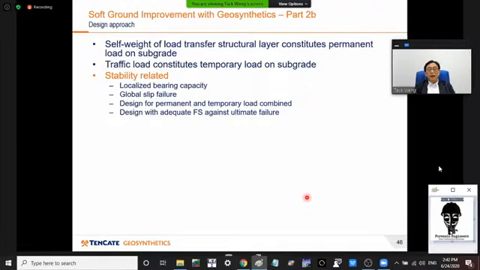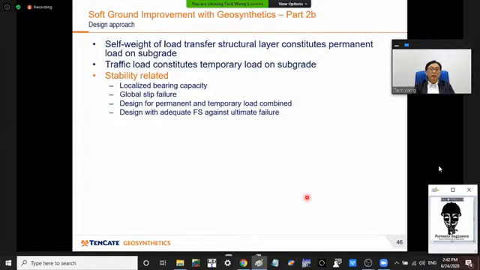The design approach depends on whether it's stability related or serviceability related, or by serviceability I mean surface deformation related.